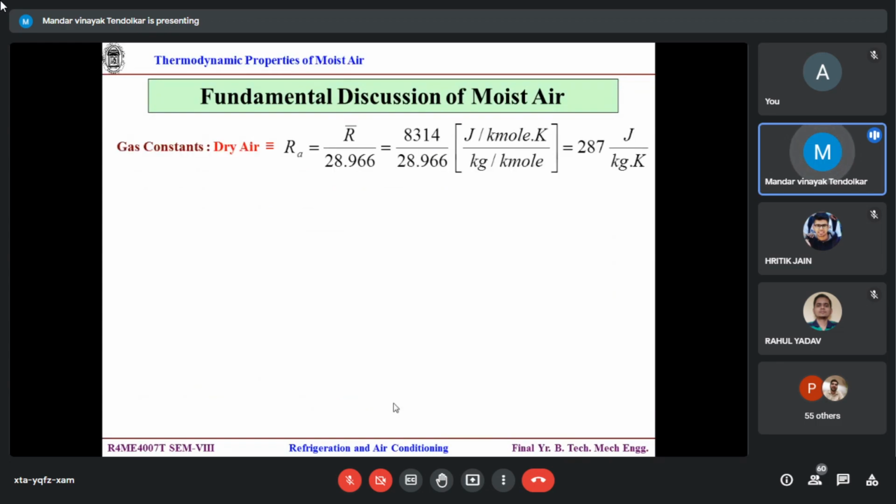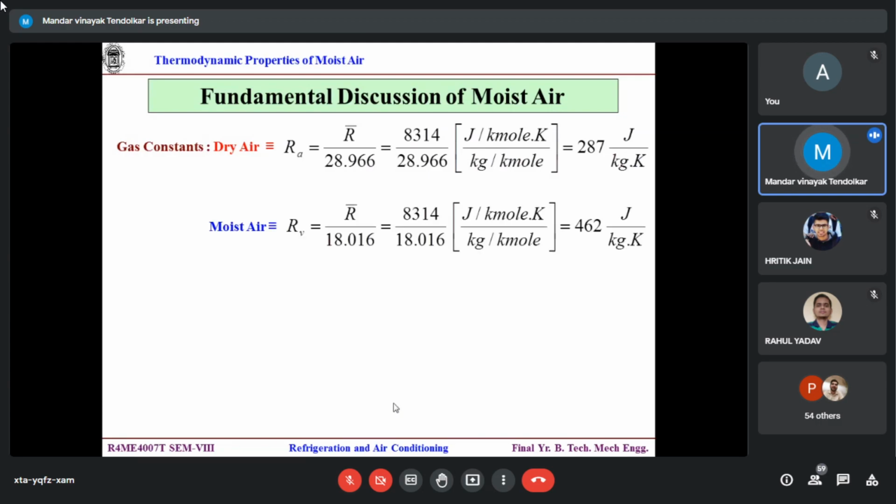Accordingly, the gas constant for dry air is the universal gas constant divided by the molecular weight, so you get 287. 8314 is the universal gas constant, in joule per kilomole per Kelvin. Similarly, you can find the gas constant for moist air, and you can see the difference, 287 to 462, drastically different.